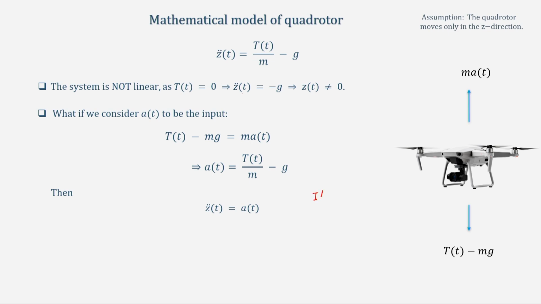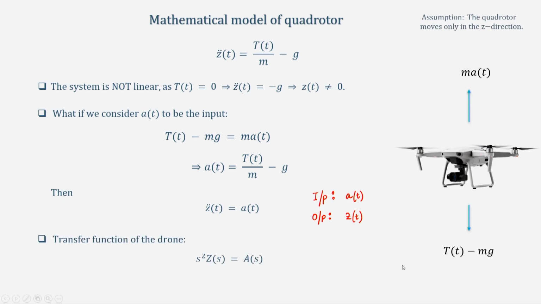Remember, now we are considering that our input in the course, I will write input sometimes in this form I slash P, it is just a quicker way of writing. So, input in this case is acceleration and output in this case is the displacement along the z direction.